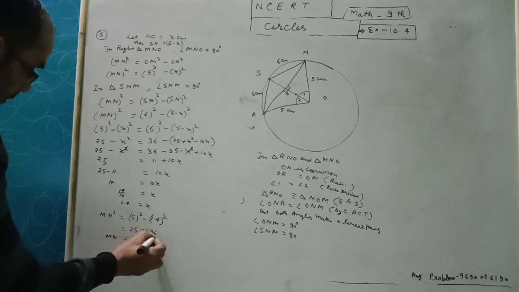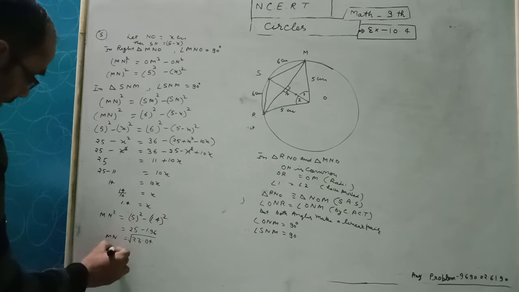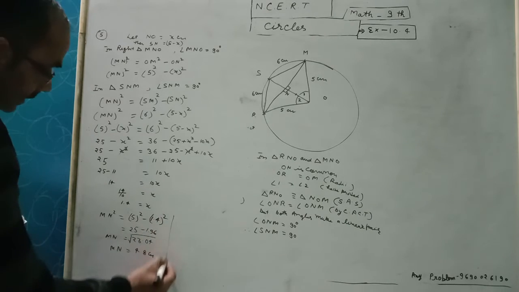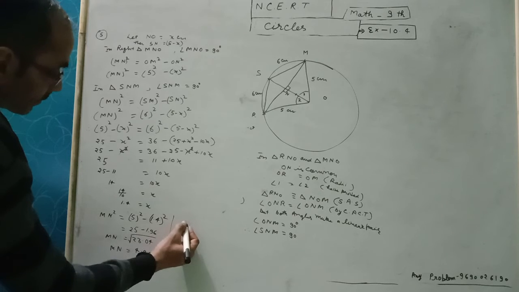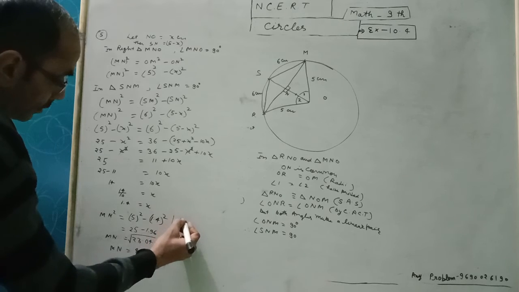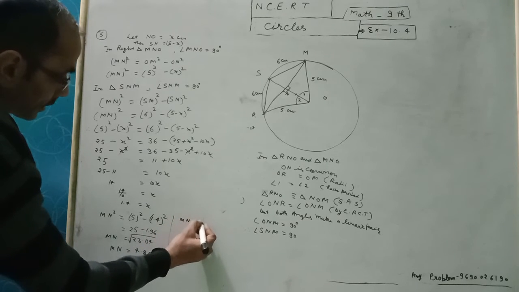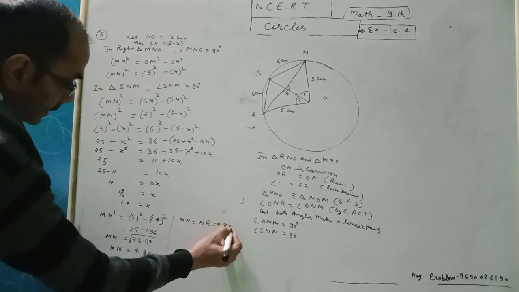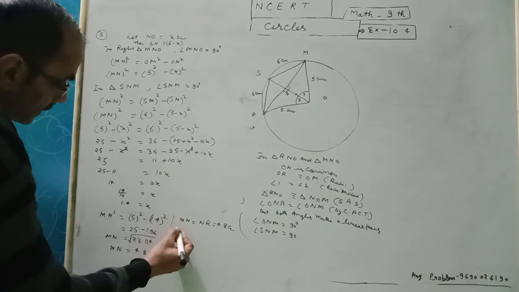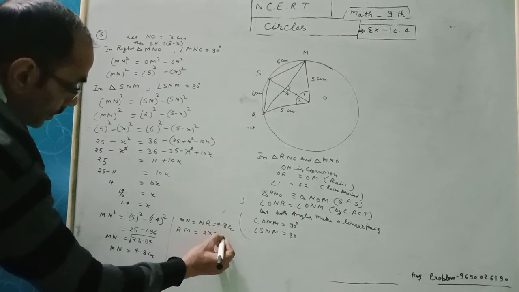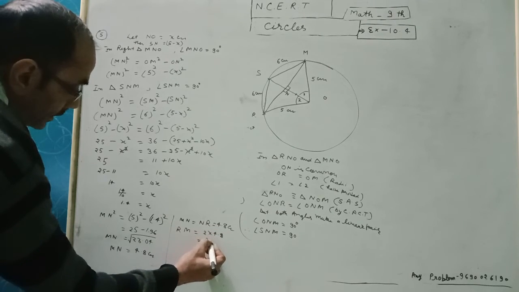MN is equal to under root, MN is equal to 4.8 cm. Then NR is equal to 4.8 cm. Then RM is equal to 2 into 4.8 cm, that is 9.6 cm.